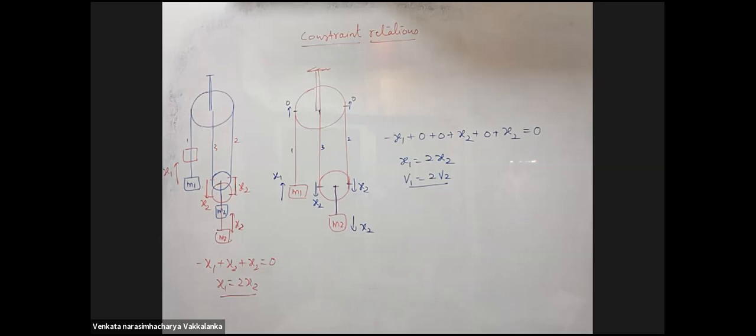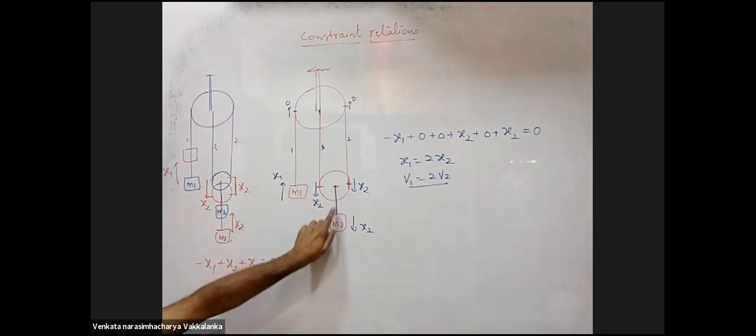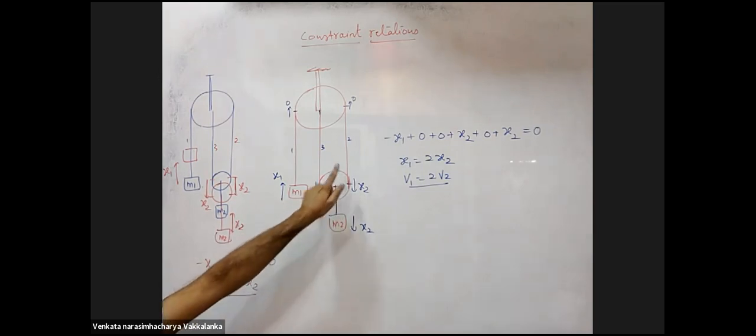Sir, I didn't understand how the string is attached to the M2 part. How the same string is attached to the pulley and the M2 part itself? There is another string on M2. This string, how will it be the same string as that?